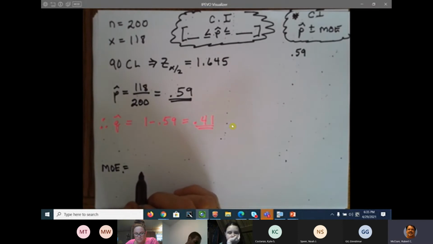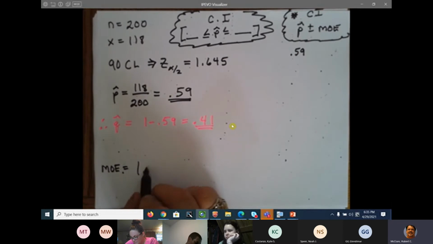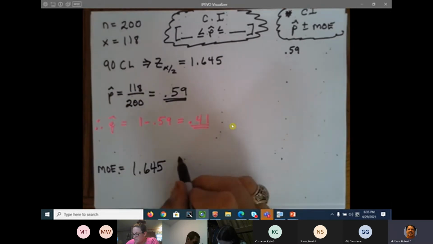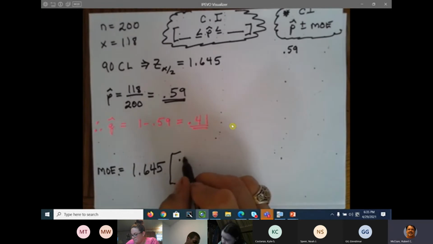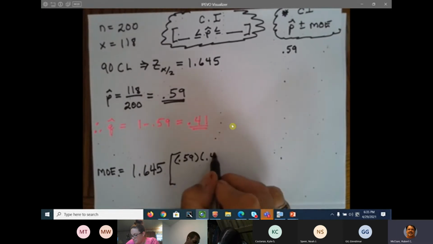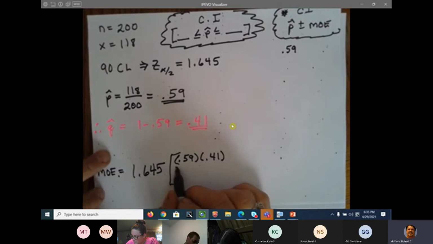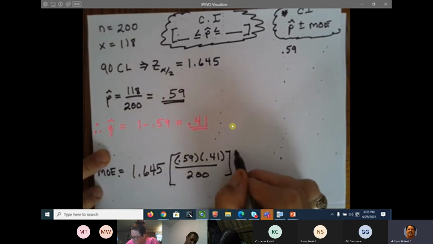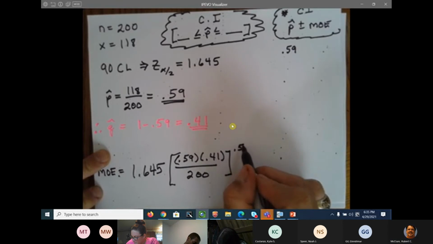Margin of error is equal to 1.645 times the square root of 0.59 times 0.41 over 200, that is, raised to the 0.5 power.